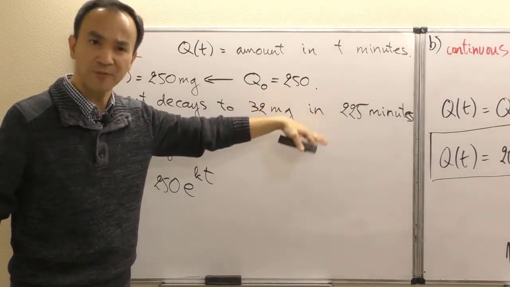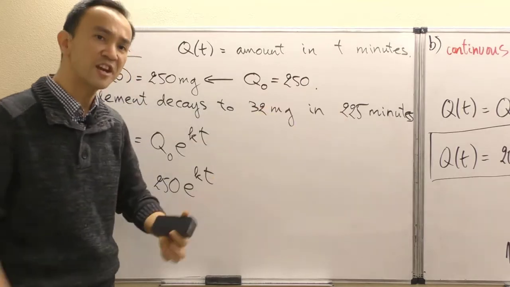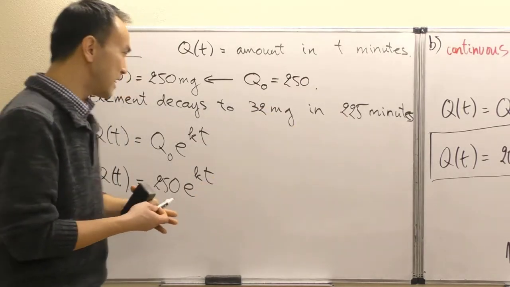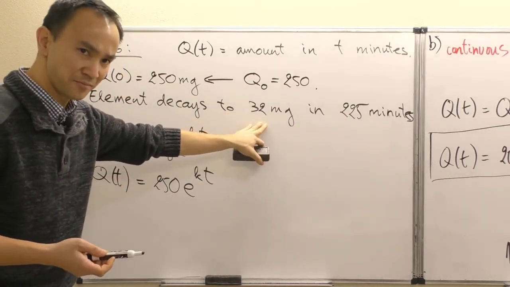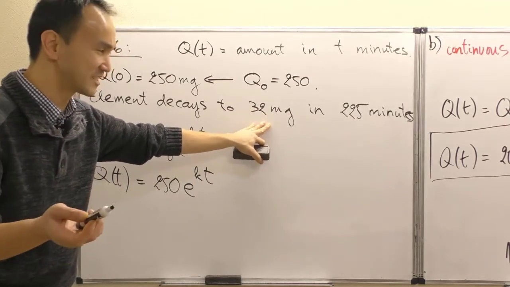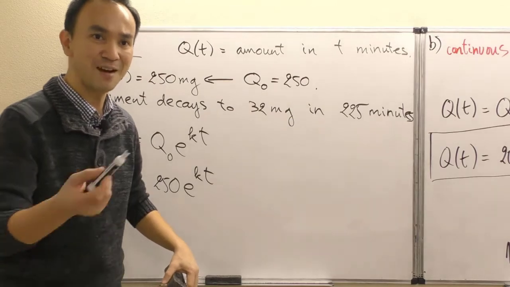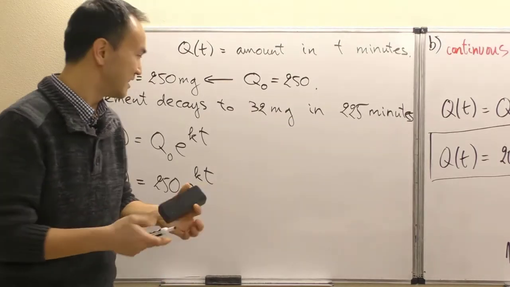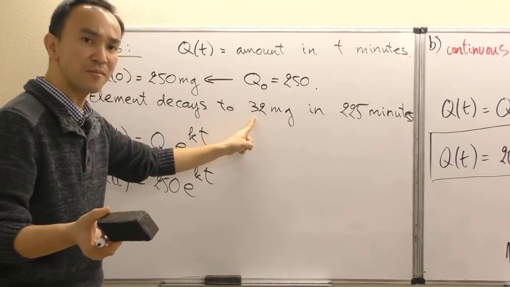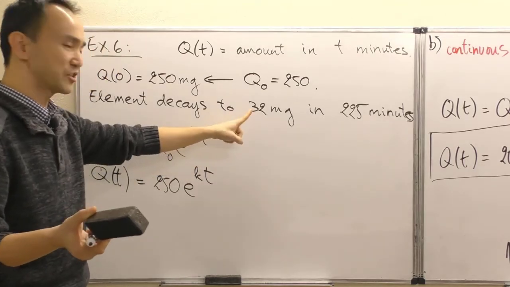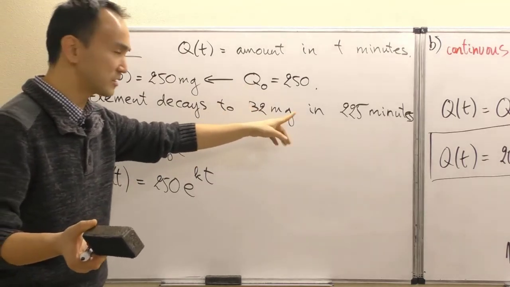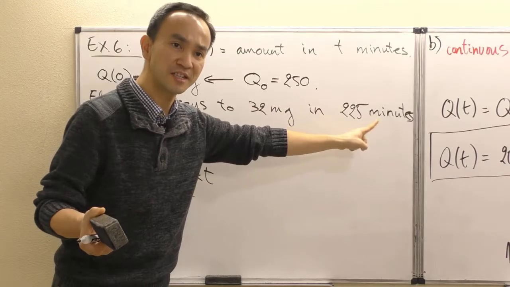And this is just a different interpretation of the information we read from the computer right there. In that way, this is how much the quantity is 225 minutes later, after the initial time. Again, this is how much of the quantity of the element remains after 225 minutes have gone by.